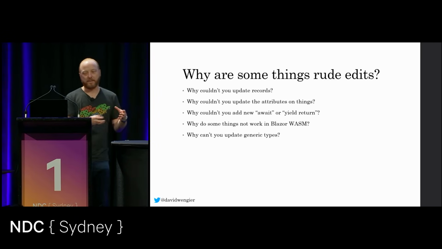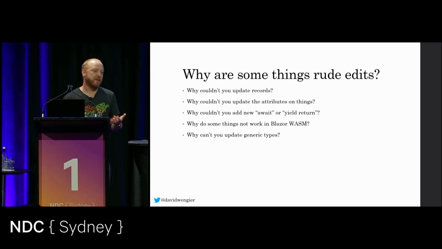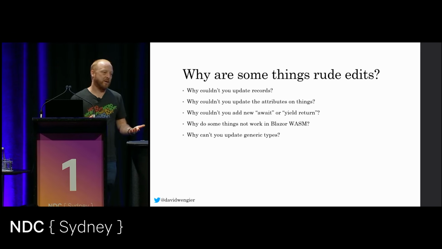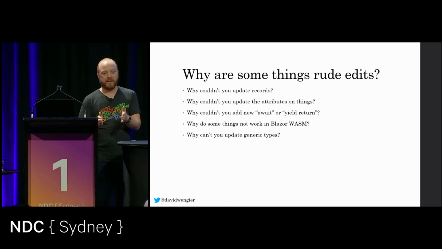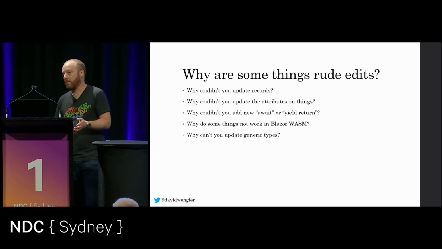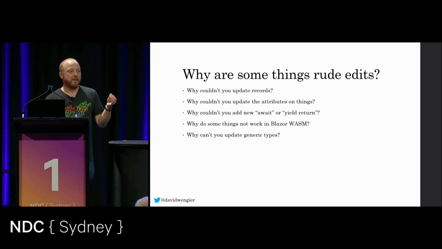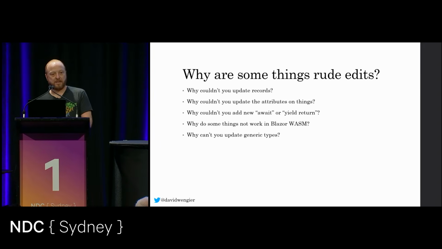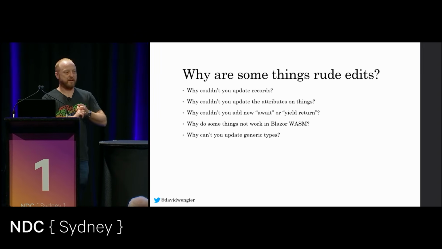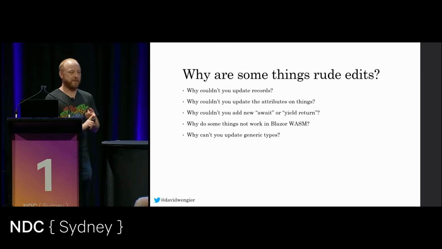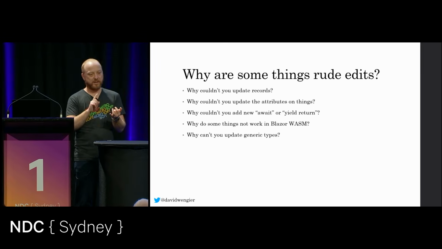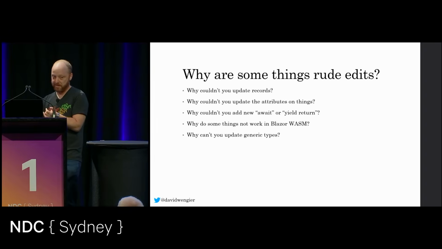That's a compiler thing. But for things like records, we have to teach Roslyn, okay, if they add a new record, here's what it means. Or can they add a new record? If they update a record, for example, adding a field to a class is one new field. Adding a field to a record is one new field, plus change the constructor, change the copy constructor, change the equals method, the GetHashCode method, the PrintMembers method.